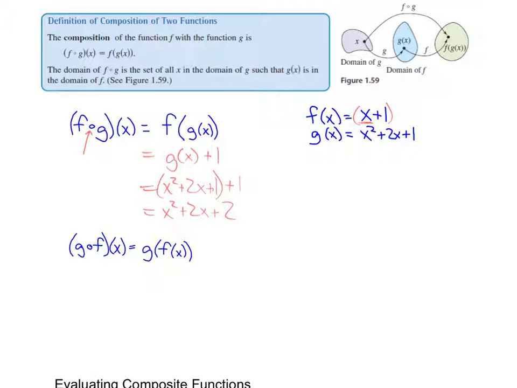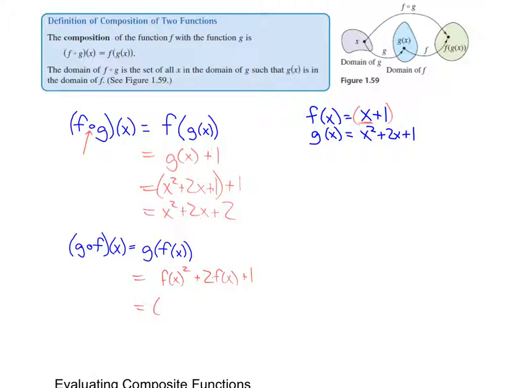Down here we have another one, kind of the opposite way. Now instead of x squared plus 2x plus 1, we're going to do f of x squared plus 2 times f of x plus 1. We're replacing the x in g of x with the new function f of x.